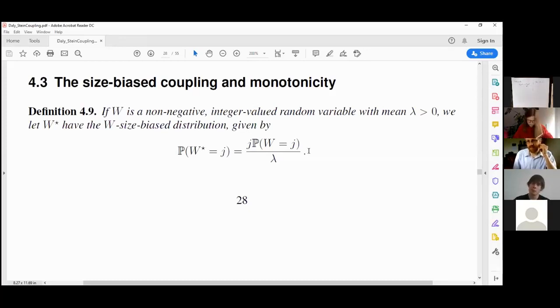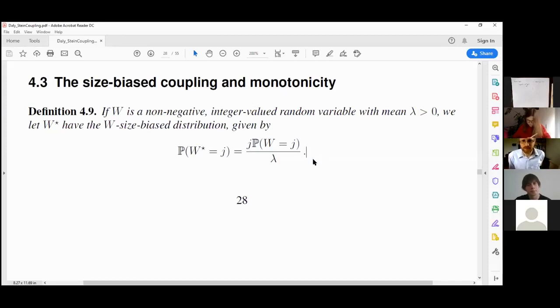So in a nice discrete setting where I can write down a mass function, there are two equivalent definitions of size biasing. The more general definition also works, say, for absolutely continuous random variables, and this somewhat simpler definition works in the case where we can write down a mass function.